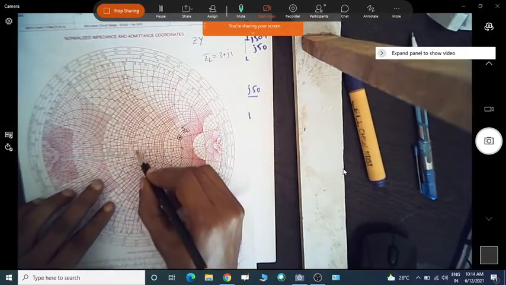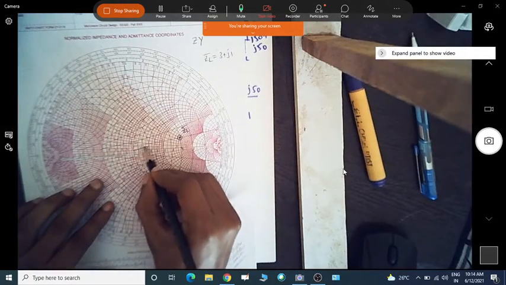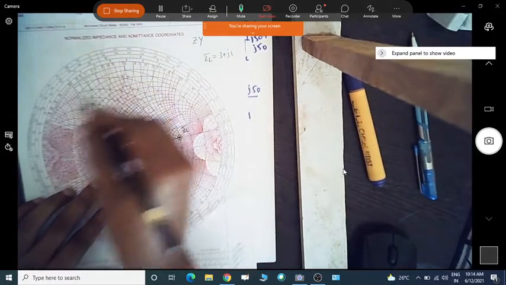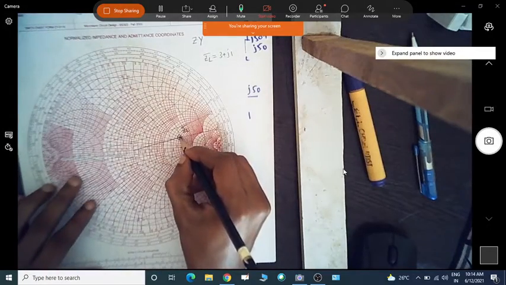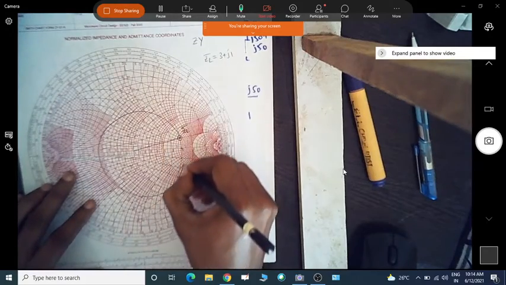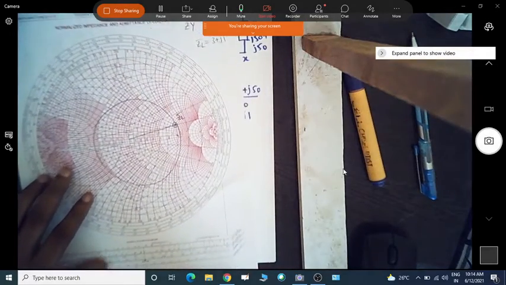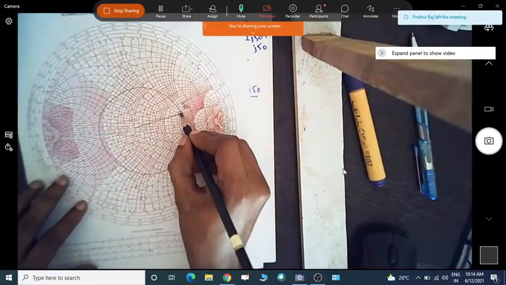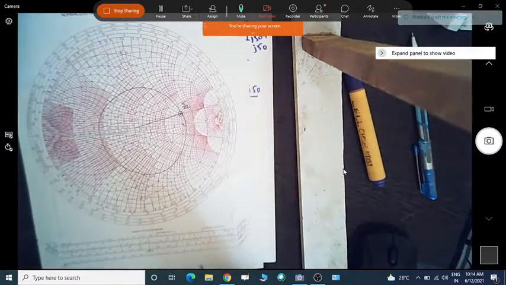Now, taking this radius, draw the VSWR circle. Approximately we can try to draw the VSWR circle. So this is the normalized load value.